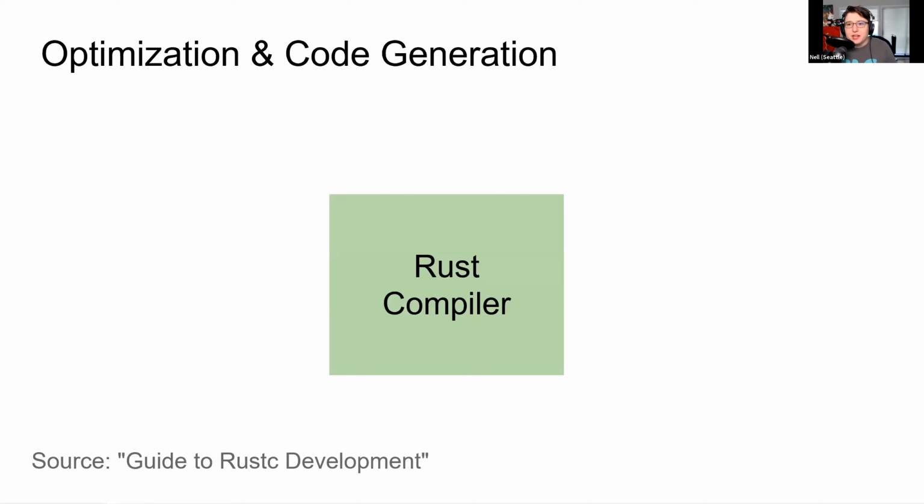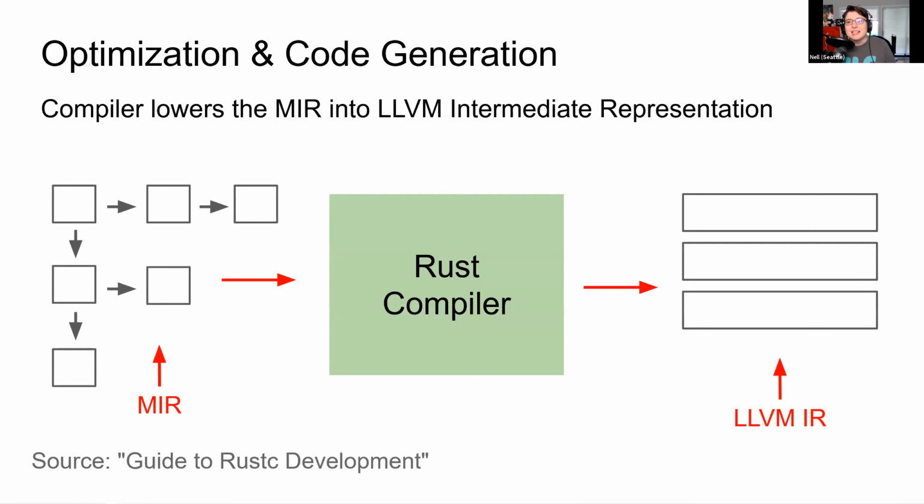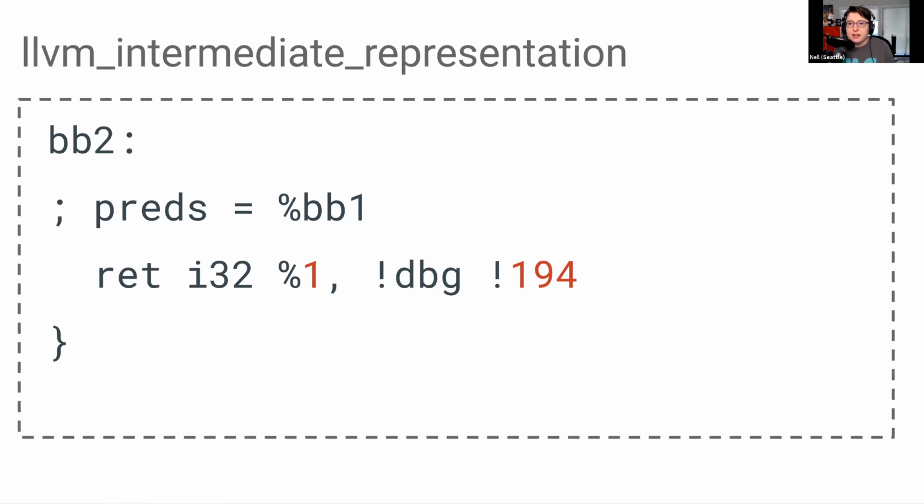Before it uses LLVM, the Rust compiler takes that MIR we created earlier and lowers it again into the LLVM intermediate representation, or LLVM-IR. This prepares it for processing by LLVM. And as far as I'm concerned, the LLVM-IR is pretty darn unreadable, but it looks something like this.